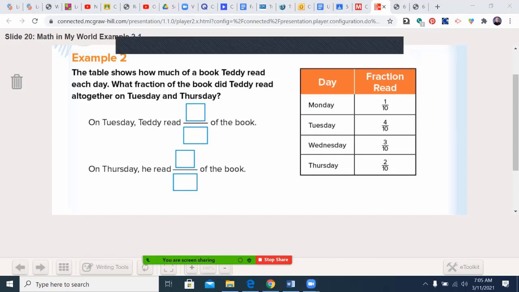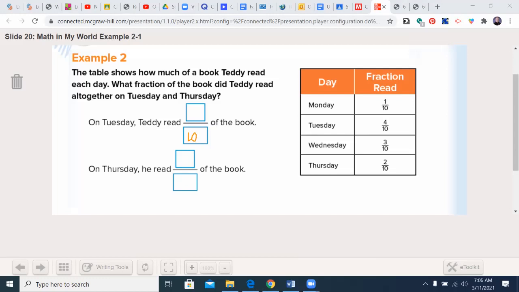So what is our denominator? 10, right? So that's going to stay the same. Well, right now we're just taking the answers out of the chart. So Tuesday goes right here, and it is 4/10. Thursday, 2/10.